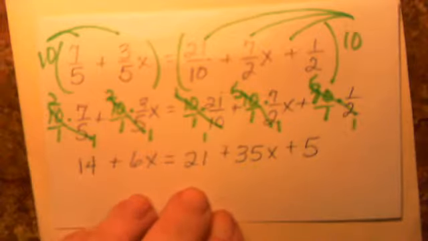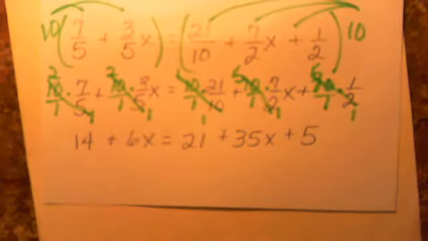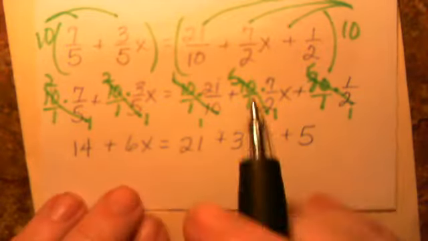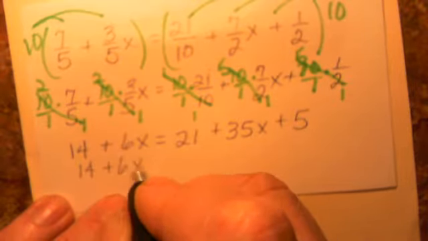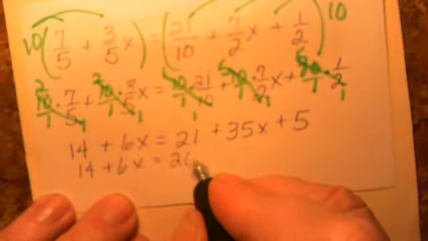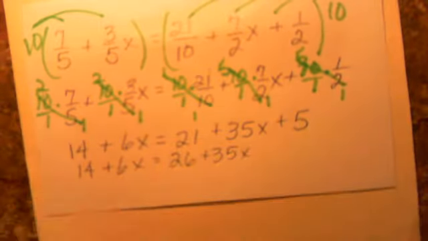Okay. Now, this looks like something we've done earlier this evening, so we're going to collect like terms. So what's like here? On the left side we have no like terms yet. On the right side we have 21 plus 5 for 26 plus 35x.